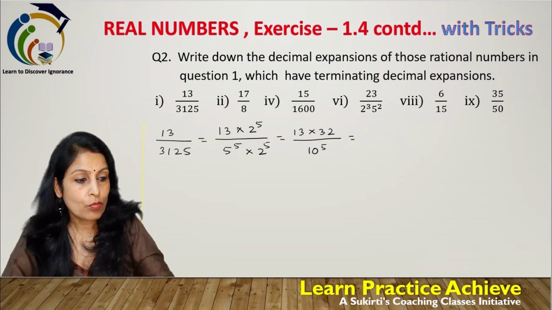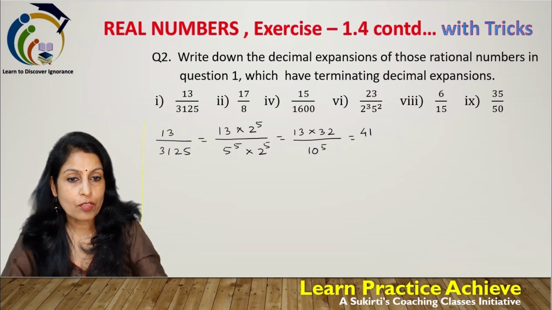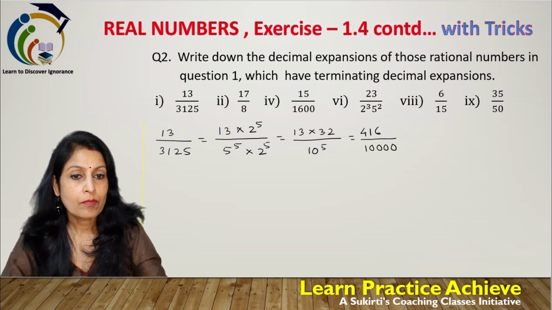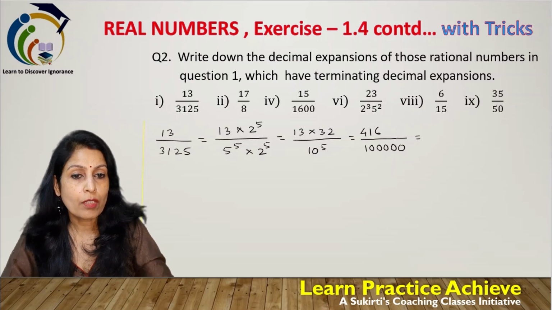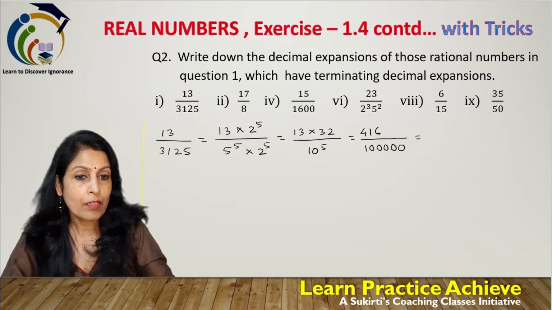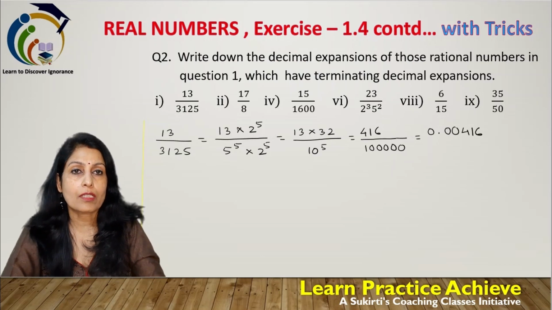So this is equal to 416 upon 10 to the power 5, means with 5 zeros. If it is with 5 zeros, then when we put the decimal point, counting 1, 2, 3, and then 1 and 2, so after the decimal point 2 more zeros, and 4, 1, 6. So this is your answer.